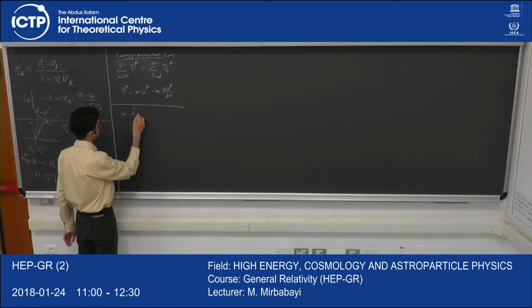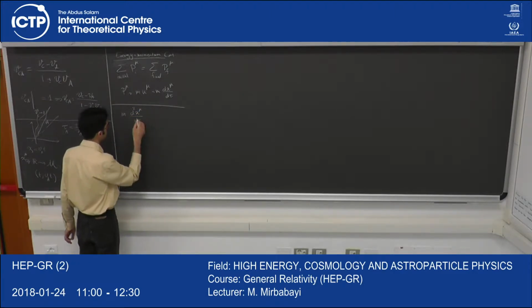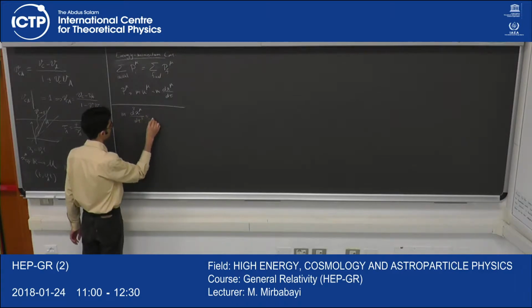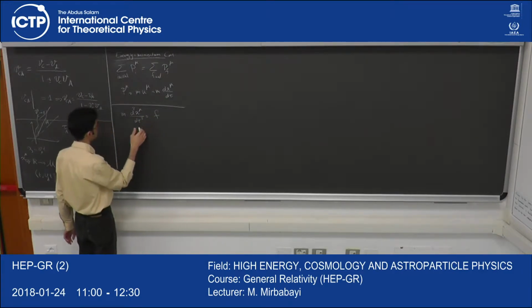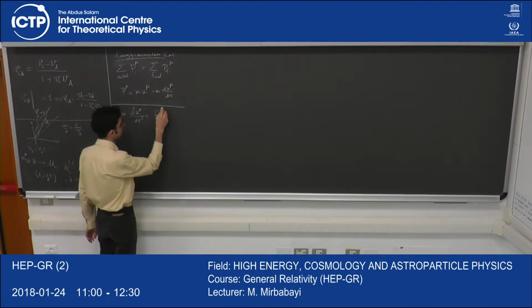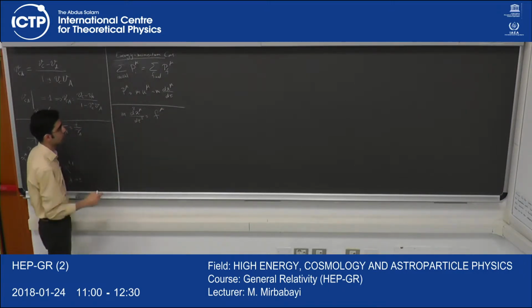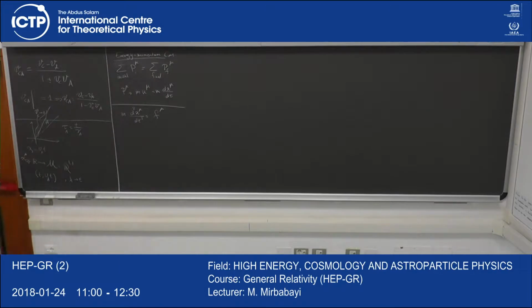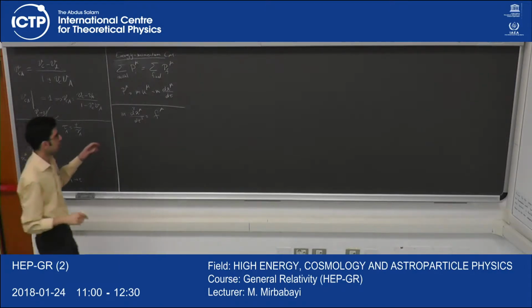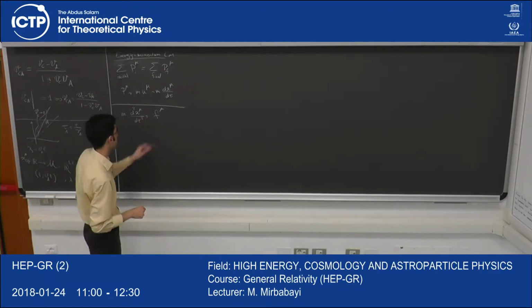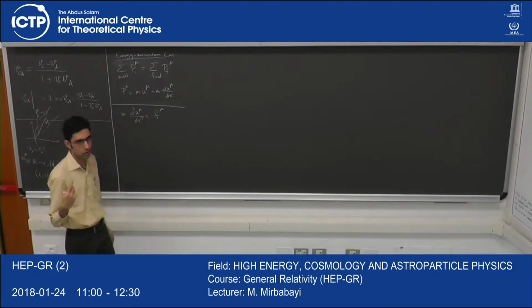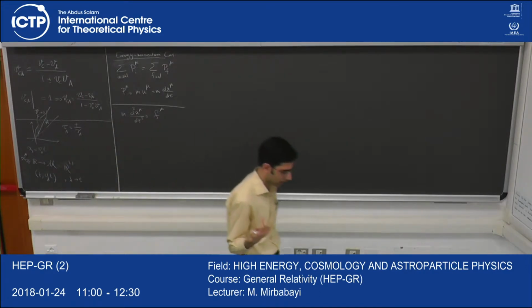So this is the equation that seems to be what we have to write, because now we need to relate acceleration to some force. But since this d2 x mu d tau squared is a 4-vector, then here we have to put a 4-vector.